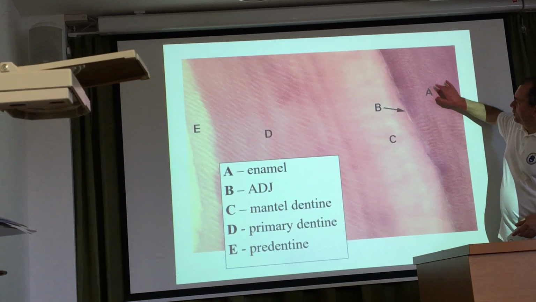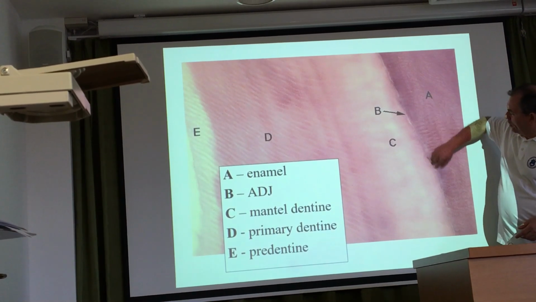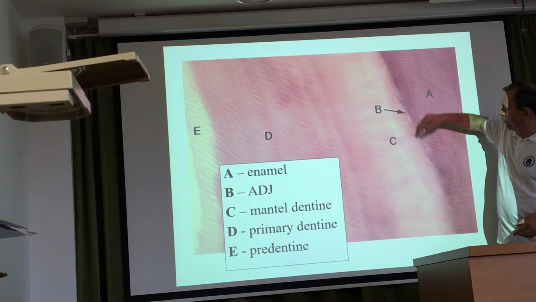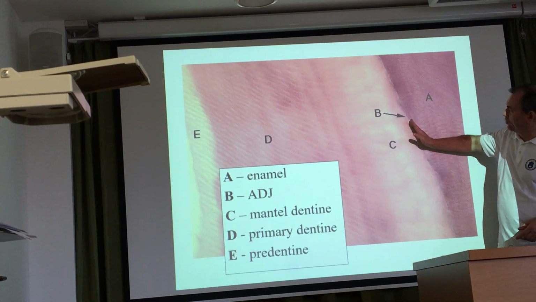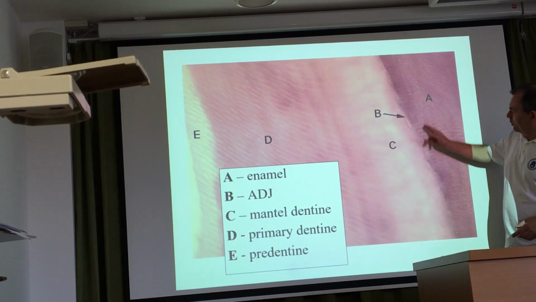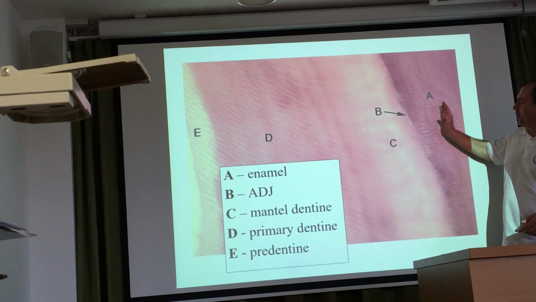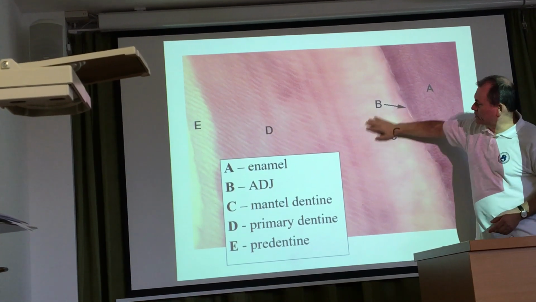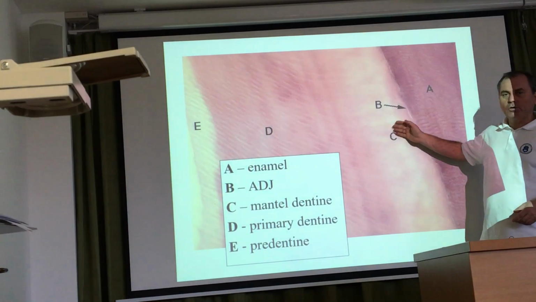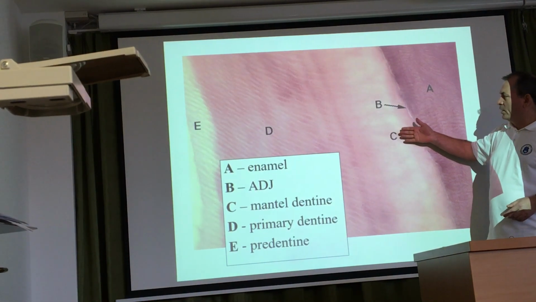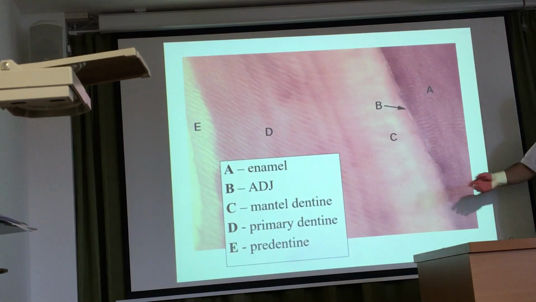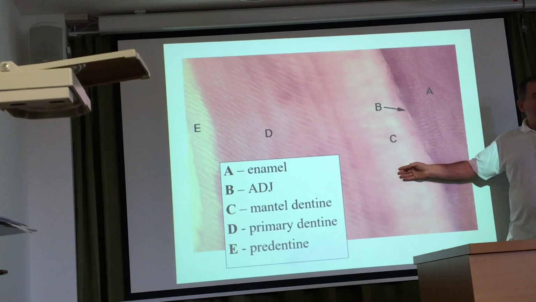So you can see here the enamel, the wavy or scalloping surface, dentino-enamel junction, wavy border between the enamel and the dentin, and this uppermost part of the dentin, outermost part of the dentin, which is pale because less mineralized in this section, and it is amorphous.